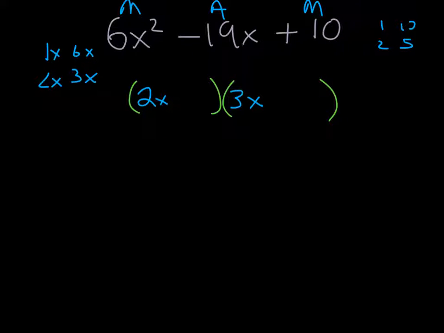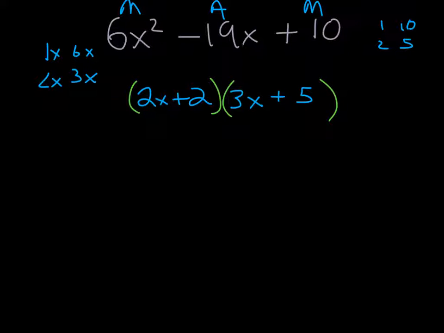Let's pick 2 and 5 because those are closer together. So if I were to start with a 2 here and a 5 there, I know I need to multiply to positive 10, so I need both the signs to be the same. So I'm going to make them pluses and see what happens here.